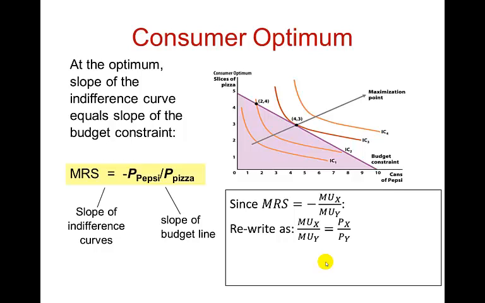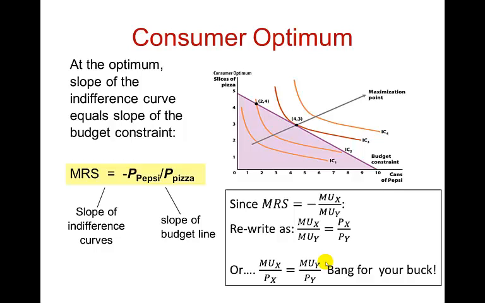All right, finally, let's just do a little bit more algebra, a little switcheroo here, and we can get that the marginal utility of good x divided by the price of good x has to be equal to the marginal utility of good y over the price of good y. This is the bang for your buck rule that we talked about a few lectures ago.